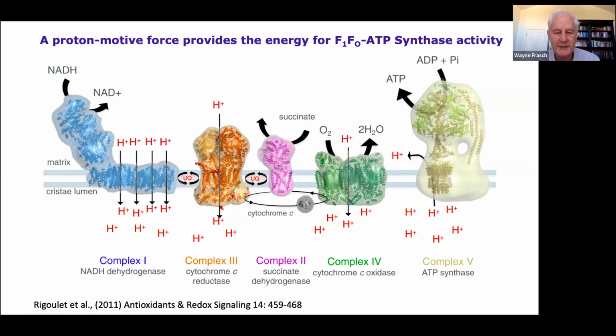There's another thing to consider, and that is that this sometimes does get backed up, and when it does, then you can create free radicals. Ubiquinone accepts 2 electrons that's compensated by binding two protons on this side of the membrane, and when it delivers them to the other side of the membrane.